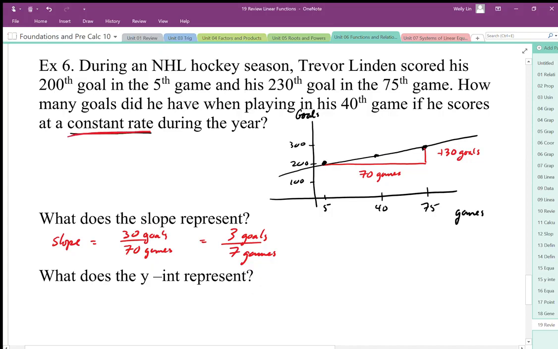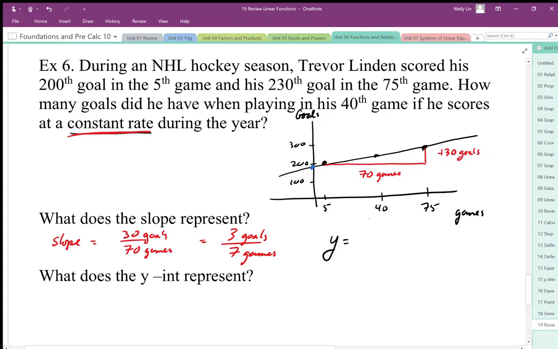That's our slope. And we're going to work out the Y-intercept here. The Y-intercept is the value when we go to 0. So we're going to work out the Y-intercept by plugging into our equation.